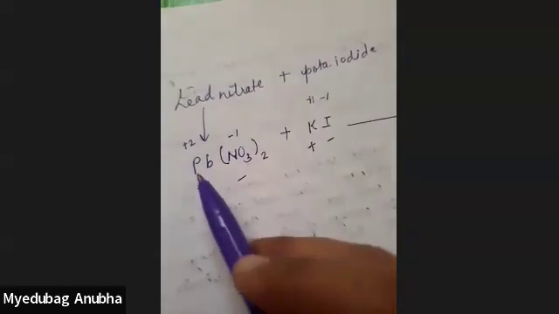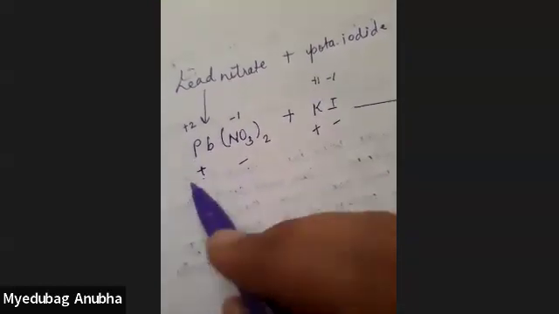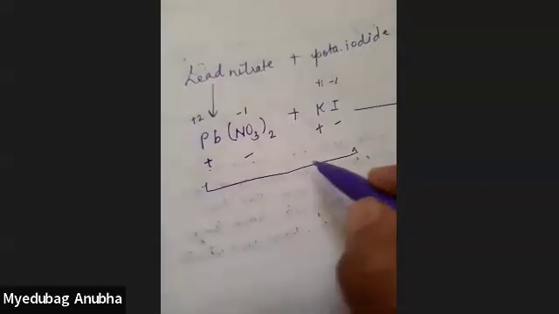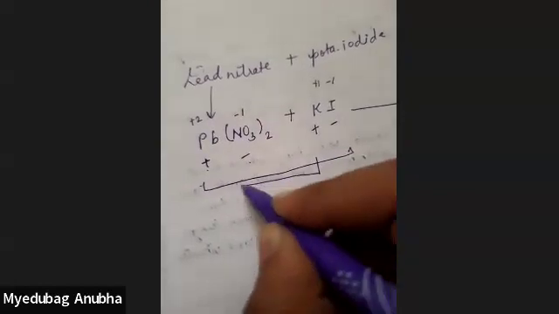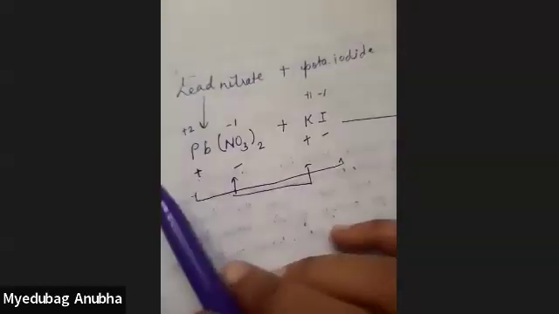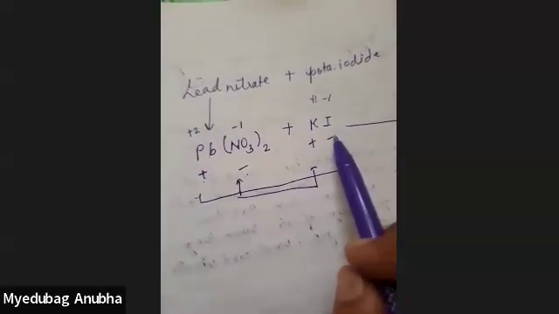So obviously the positive will not form the formula with its own nitrate, but with the negative of the other. And this positive will form the formula with this negative. Understood now? So this lead will form the formula with this iodide. Understood now what I was trying to say?